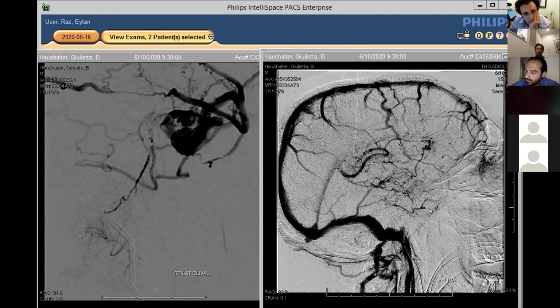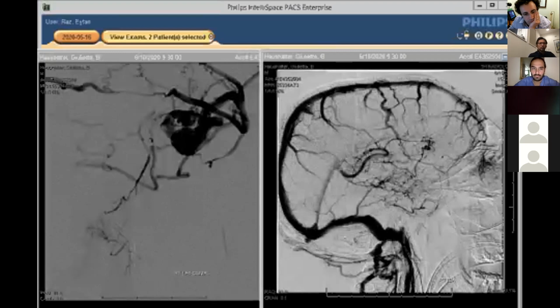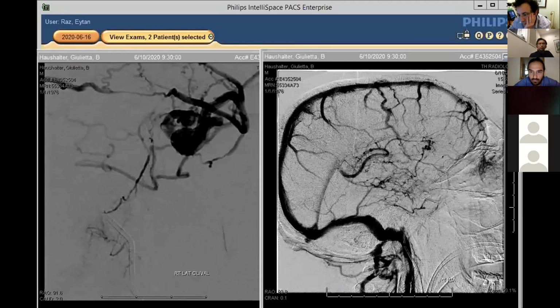Actually, I think Kitty Pong had raised the issue of whether you do the angio on the same day or a different day. Frequently a good angio, as you did here with the 3D reconstructions, can take 2-3 hours. And then you play around with the inferior petrosal sinus approach, and you don't want to start doing this 5-6 hours into a case.